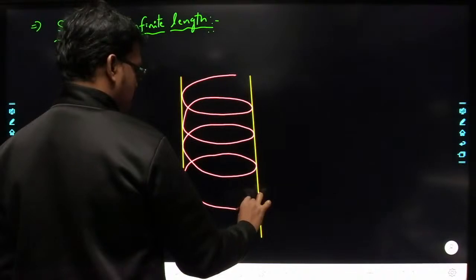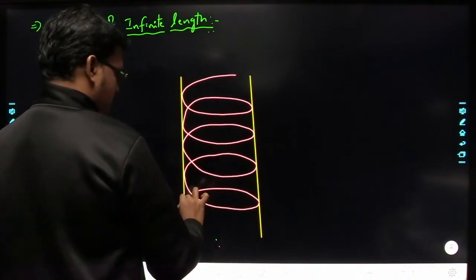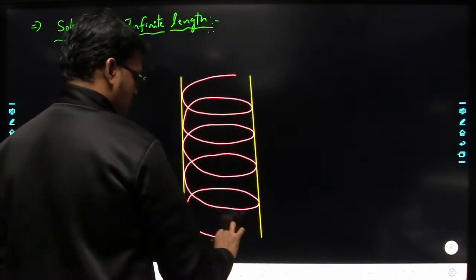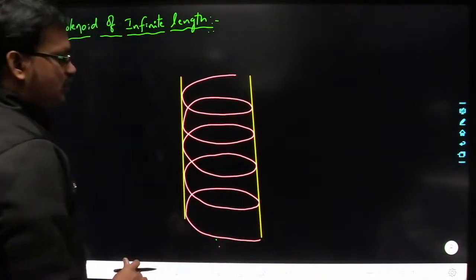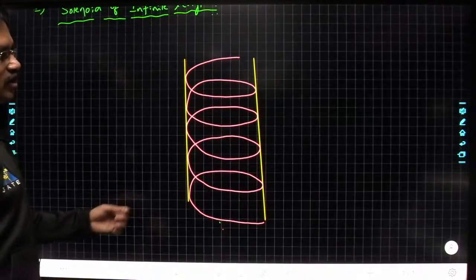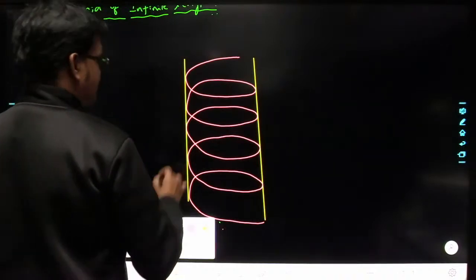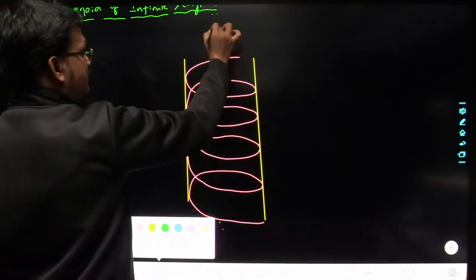I am just drawing the solenoid here. Let us consider this as a solenoid of infinite length.